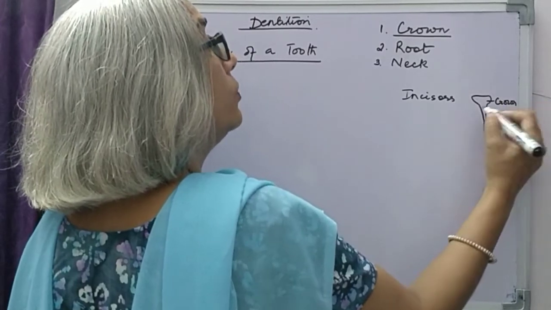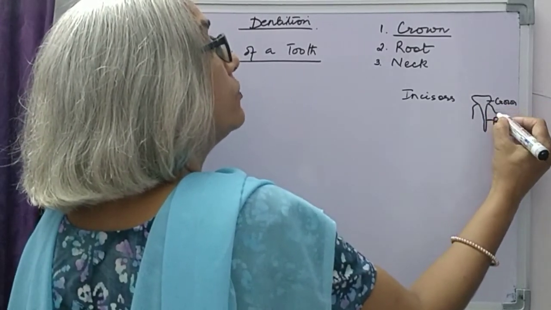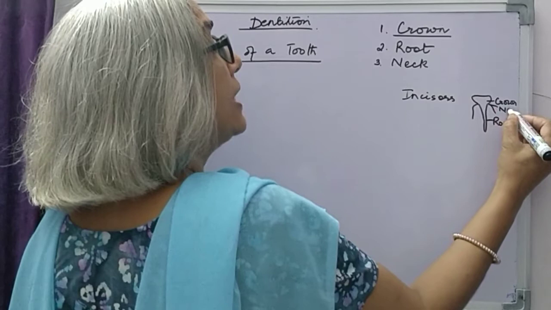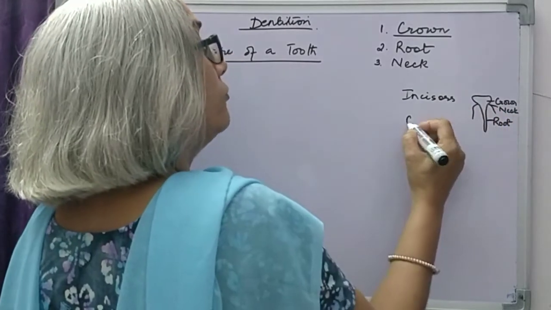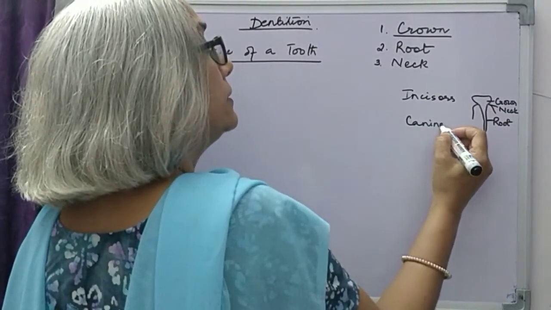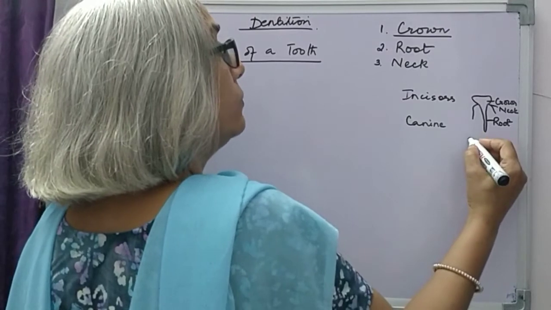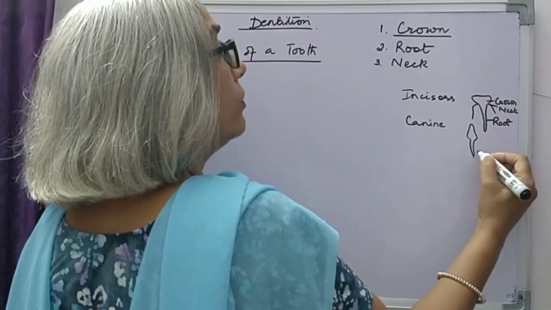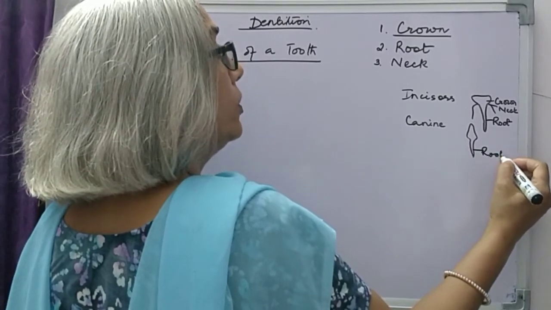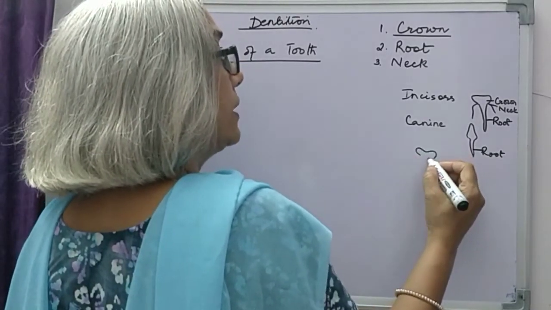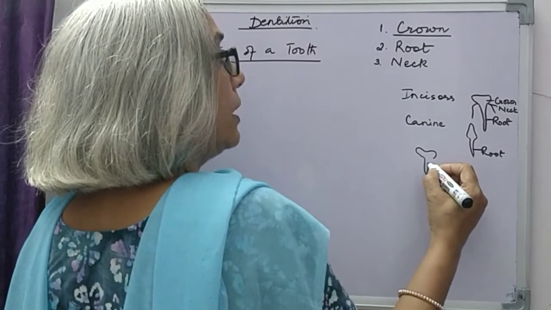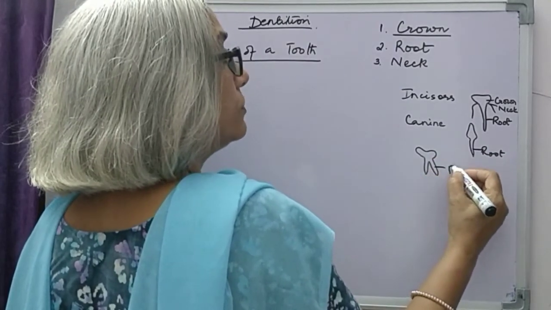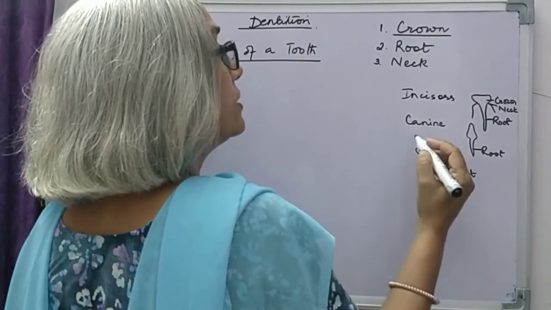This is the crown, and this emerges out of the gum. So this is the neck portion. Now after incisors, there is a canine, which is a conical tooth having one fang in the root. Then there is a bicuspid premolar having two roots, two fangs in the root.